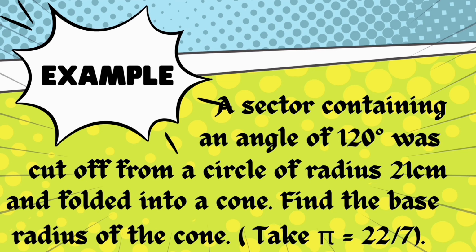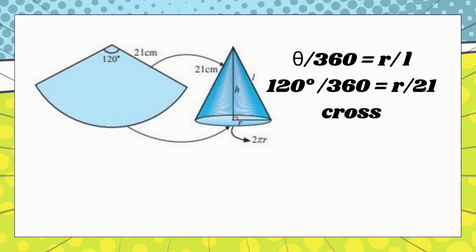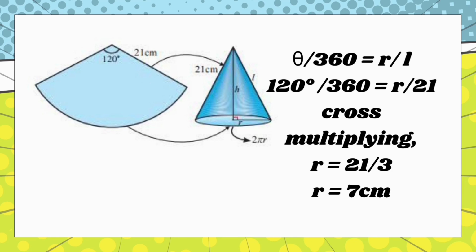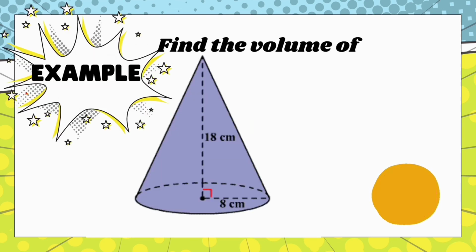I gave you a formula earlier which relates the sector of a circle to the cone, and it is theta all over 360, which is equal to the radius of the base of the cone over the slant height of the cone. The radius of the sector of the circle from which the cone was formed is equal to the slant height of the cone. So when you substitute into this formula, you are going to have r, or the radius of the base of the cone, being equal to 7 centimeter.